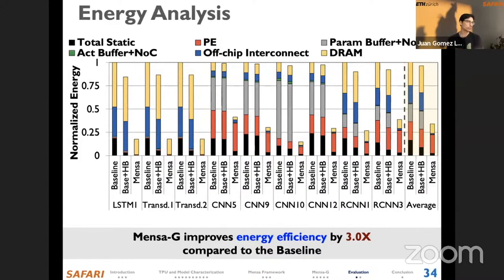Yeah, I have a last one, and I think this is kind of an obvious question. I assume that when designing this sort of framework and trying to propose specialized accelerators for the different types of layers, in the end you also have to make the decision of how many accelerators to use, right?